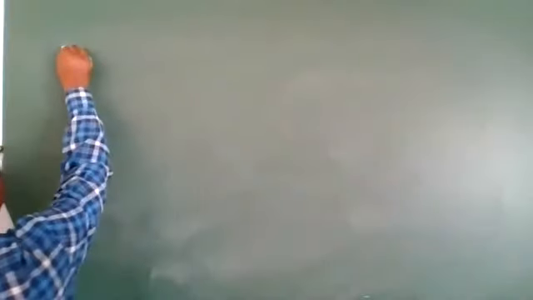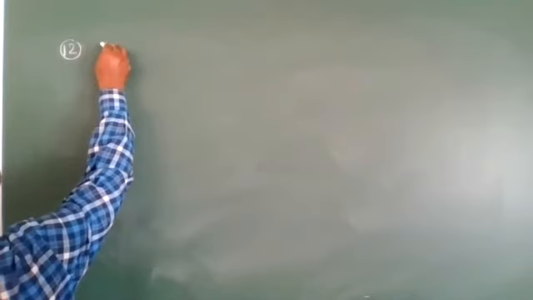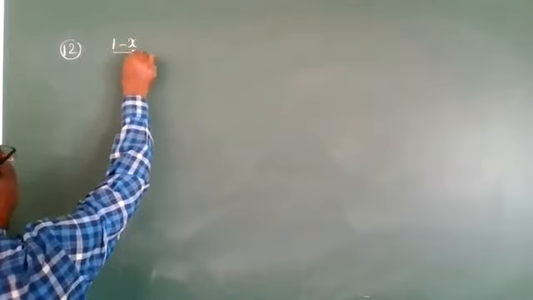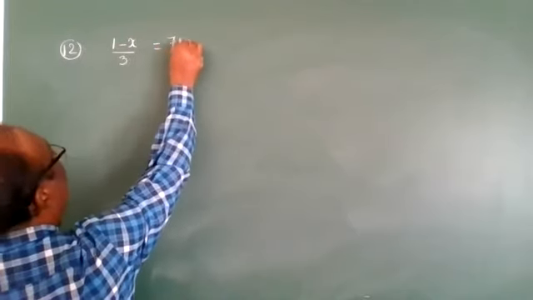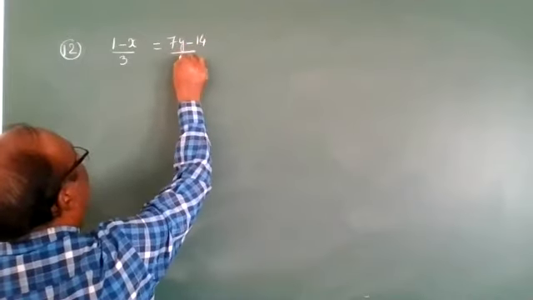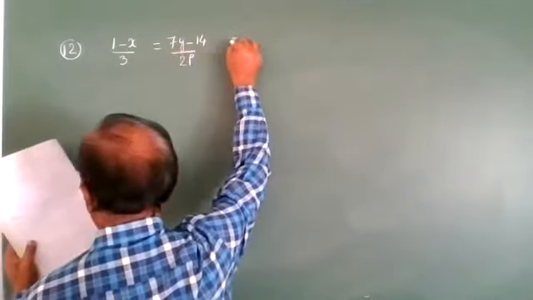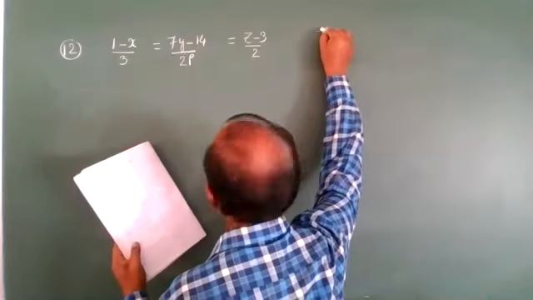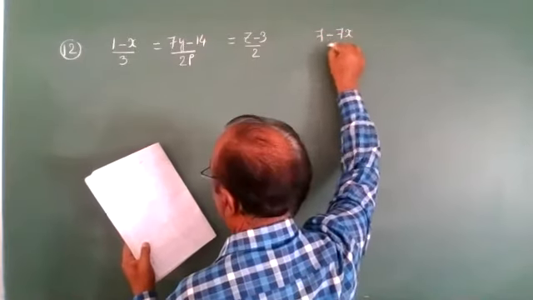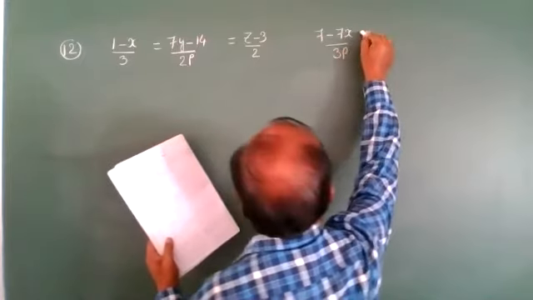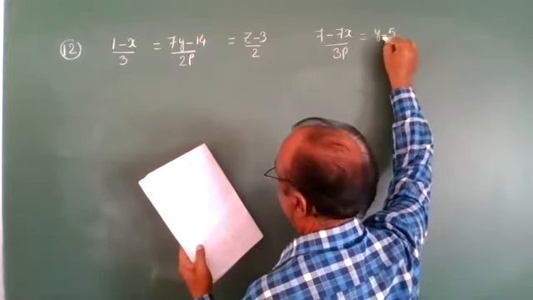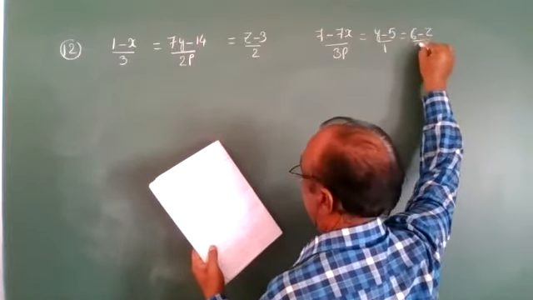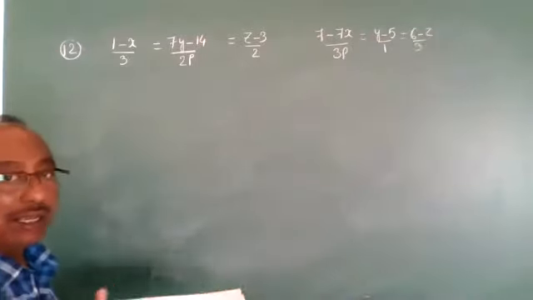The line equations are given in Cartesian form: (1 minus x) by 3 is equal to (7y minus 14) by 2p is equal to (z minus 3) by 2, and the second is (7 minus 7x) by 3p is equal to (y minus 5) by 1 is equal to (6 minus z) by 3. They are perpendicular.